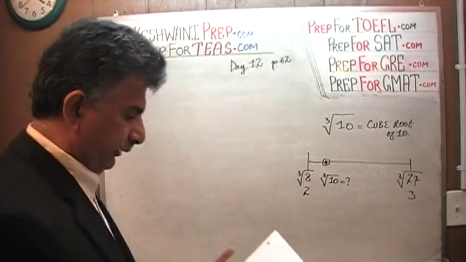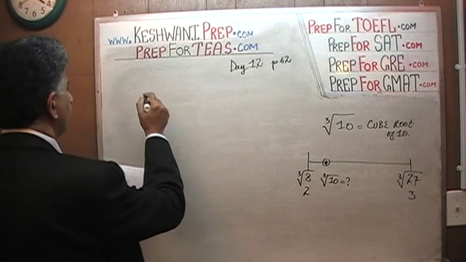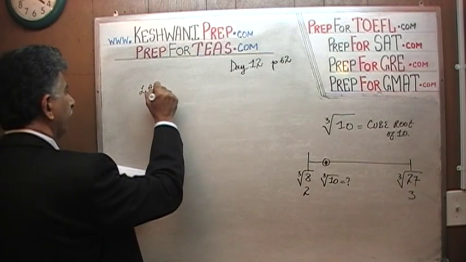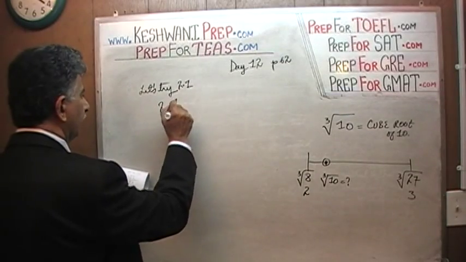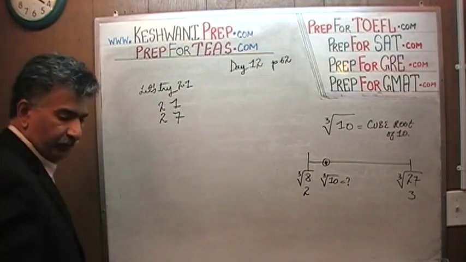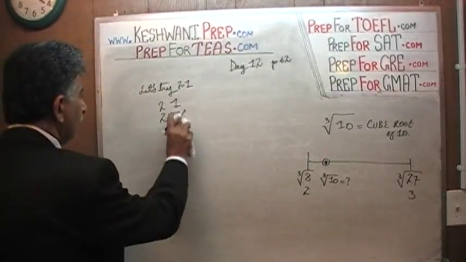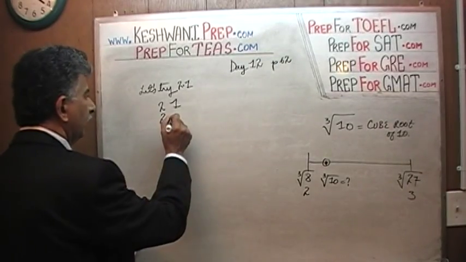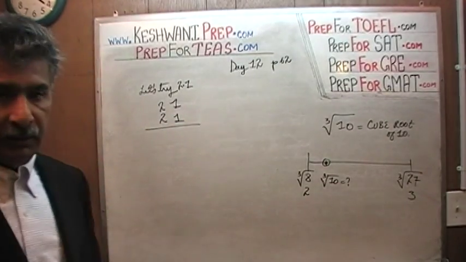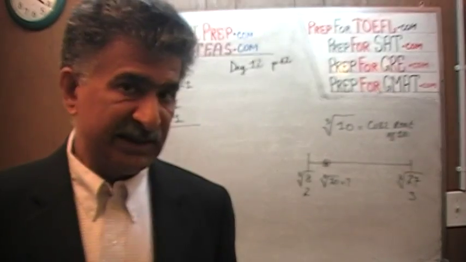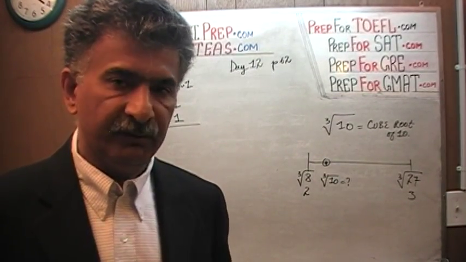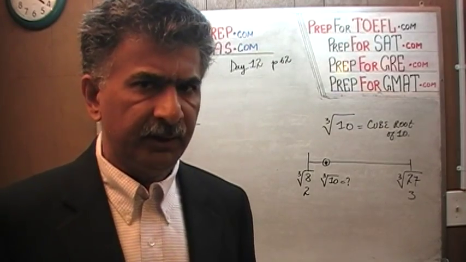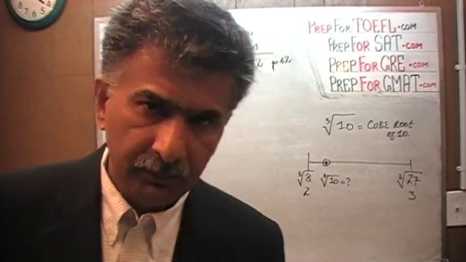Let's try 2.1 times 2.1. As we know from the last few days, when we have to multiply a decimal number by another decimal number, we don't have to worry about the decimal point right from the very beginning. We can just multiply 21 by 21 and see what it gives us, and we'll worry about the decimal at the end. So let's multiply 21 by 21.